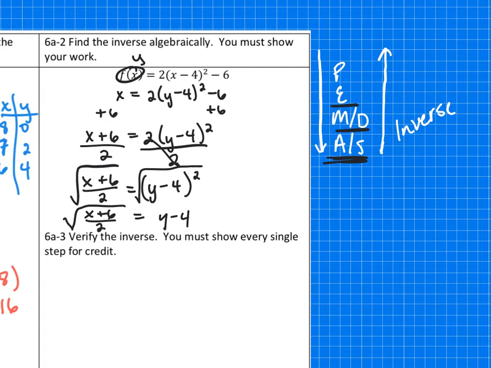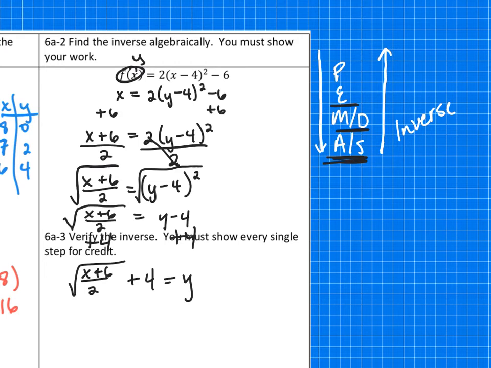So I'm going to end up erasing this anyway. So I'm going to add 4. So I've got the square root of (x plus 6) divided by 2, plus 4 equals y. And that, once again, is my inverse equation.